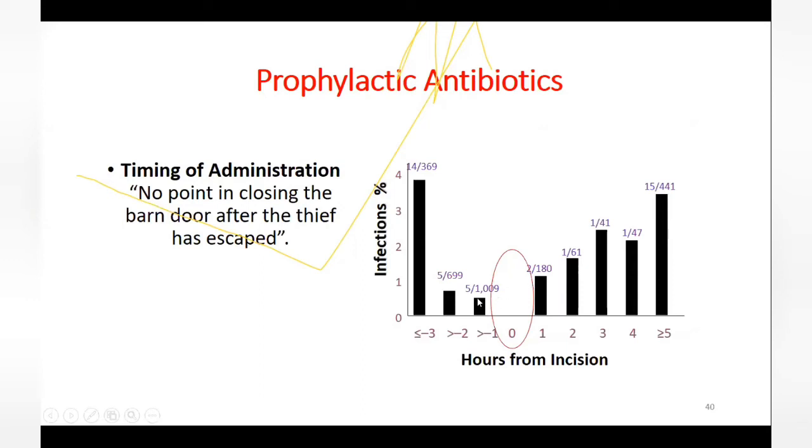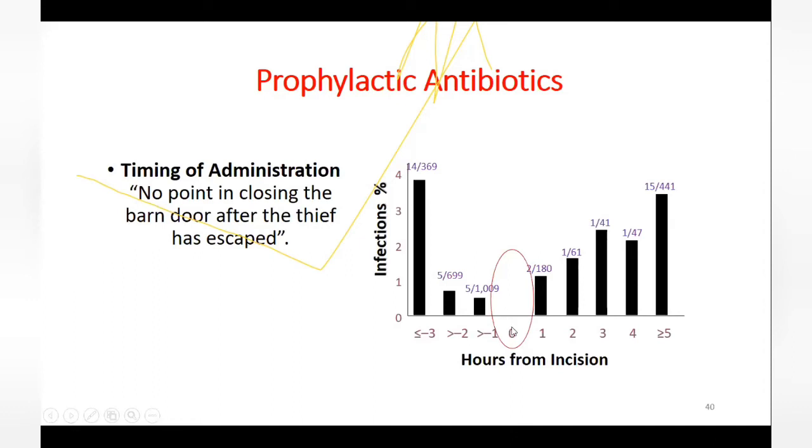As you can see from this chart, if the prophylactic antibiotic, say cefazolin for CABG, has been given 3 to 4 hours earlier than the incision time, the chances of infection are more. If you give it prolonged after the incision time, again the chances of surgical site infection are more. So it should be given at the time of incision or within 1 hour of incision.